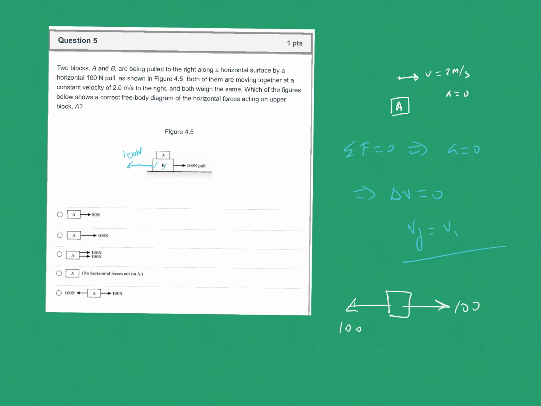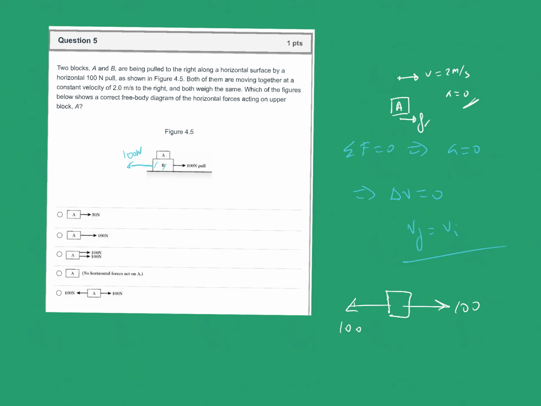And you may think, well, the friction force here is accelerating the object A to the right. But if it's accelerating the object A to the right, the acceleration cannot be zero. So even the friction force, the force that the object B is doing on A, is switched off. It doesn't exist.